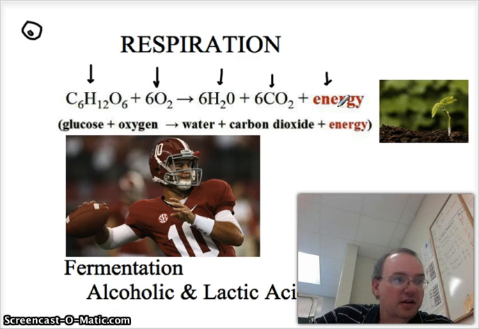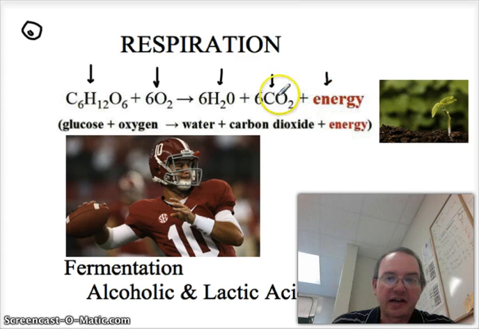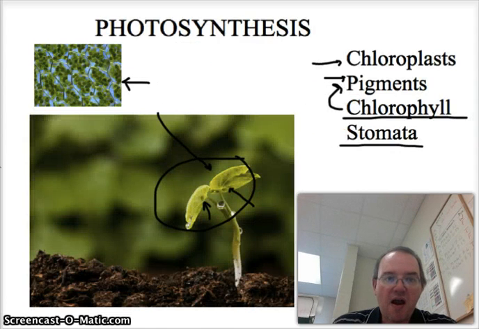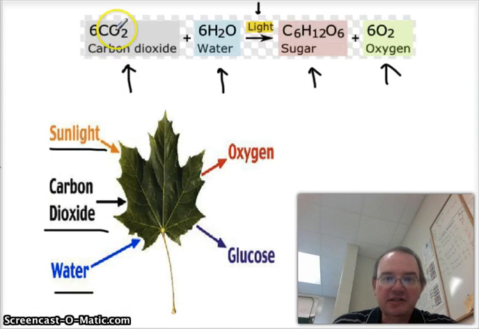Well, anyway, trying to look back in my notes, see where I've gotten to. This carbon dioxide is then taken in by the plants. This football player from Alabama breathes out the carbon dioxide. It's taken in by the plants. You may remember that the plants then do something with that. That carbon dioxide, add water, and it produces their food.